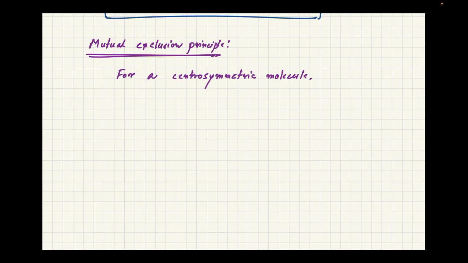So in the character table of that particular point group, there will be Ag or Au representations, like gerade and ungerade symmetry, because the molecule contains a center of inversion or inversion symmetry.